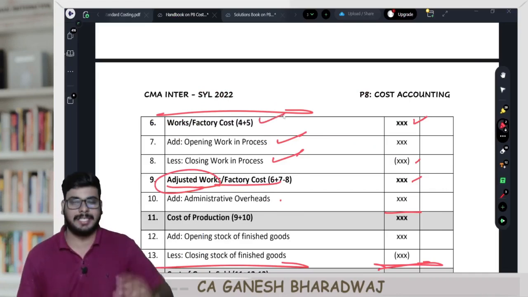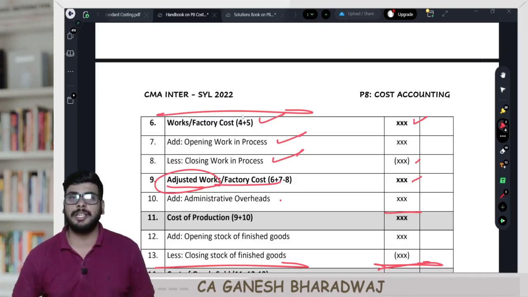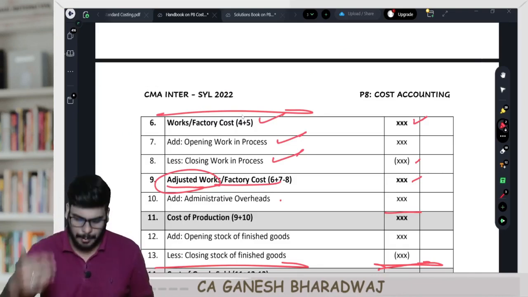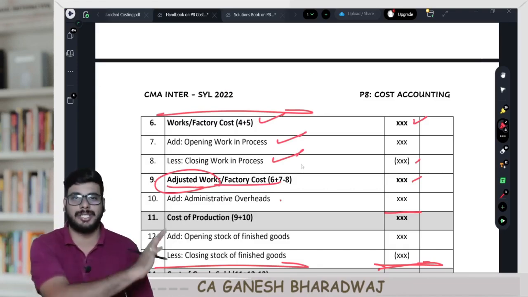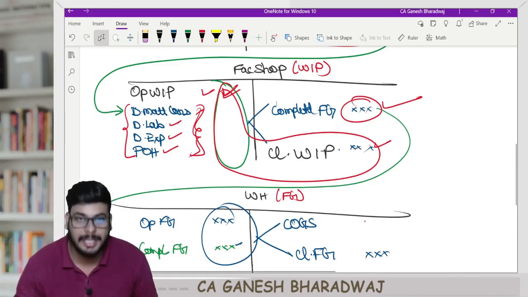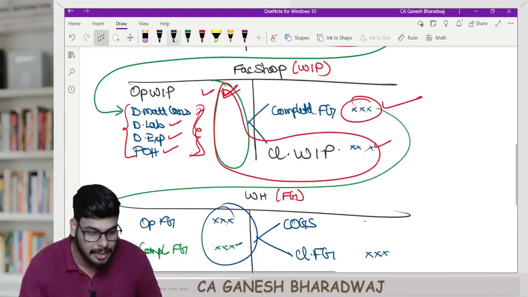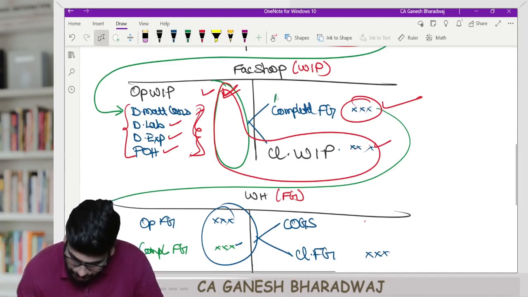The sum total of these four costs was called factory cost, right? To that, add opening WIP, minus closing WIP. Since you are adjusting it, it's called adjusted factory cost. This value of units completed is only called adjusted factory cost.